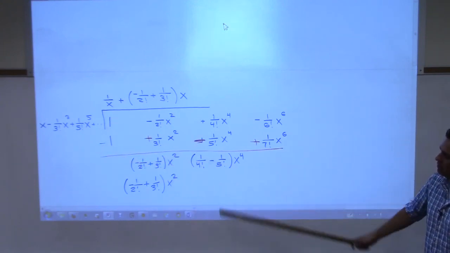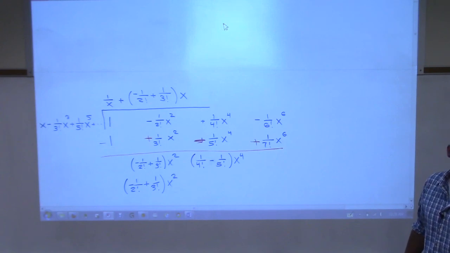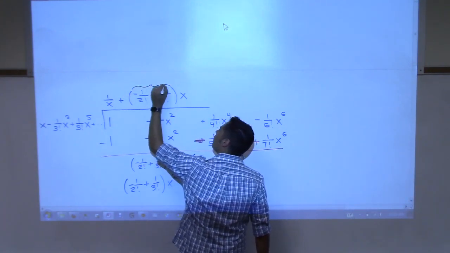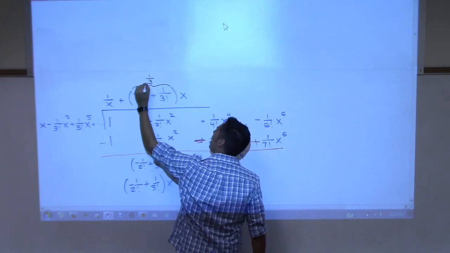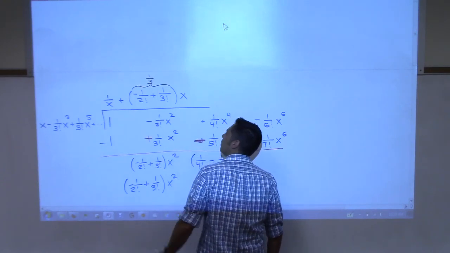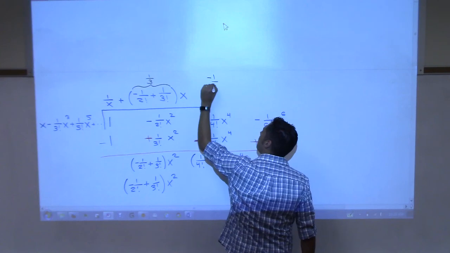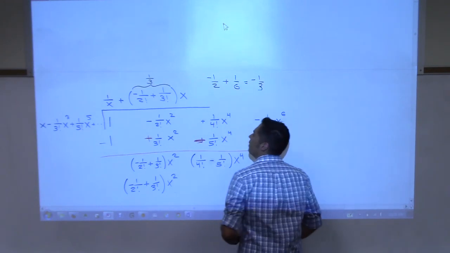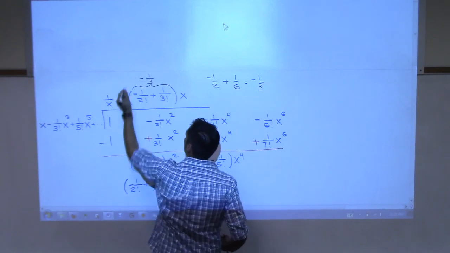Yuck. So let's use numbers. Let's get these to numbers now because the factorials are going to be a mess. So this right here was what? Negative 1/2 plus 1/6. It's negative 1/3.